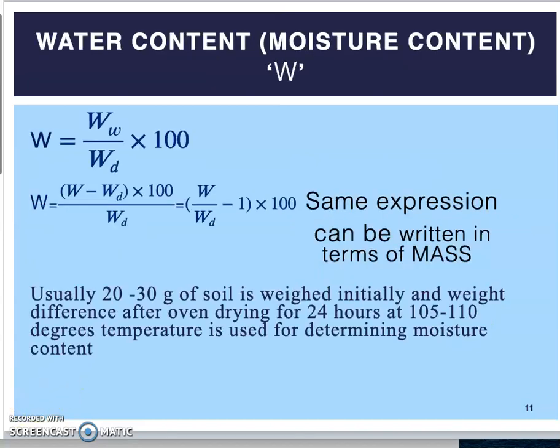So the first property, and one of the most important properties, is water content. If you all remember, when you studied bricks or building construction or maybe even concrete, you will realize that strength of those building materials gets very badly hampered with moisture content, right? Same thing happens with soil also.